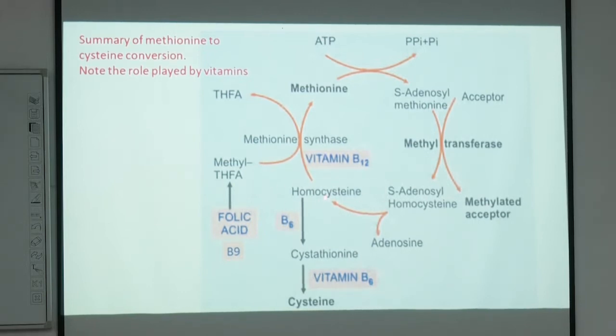From here, either homocysteine is converted back to methionine or homocysteine is converted to cystathionine with the help of vitamin B6. And the enzyme here is cystathionine beta synthase. And from cystathionine, cysteine is produced.